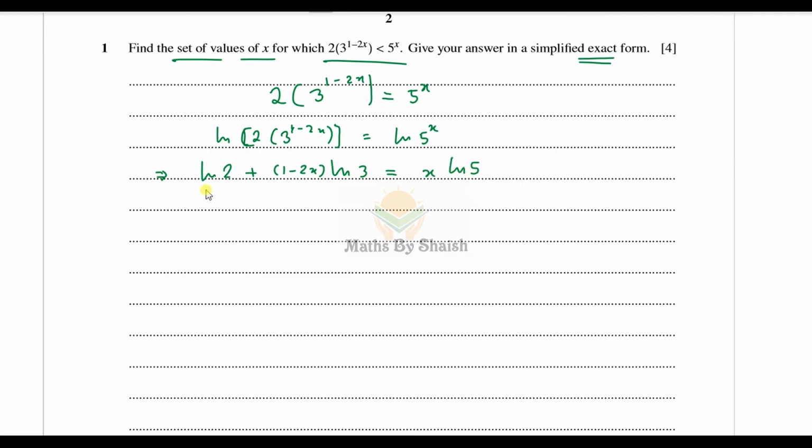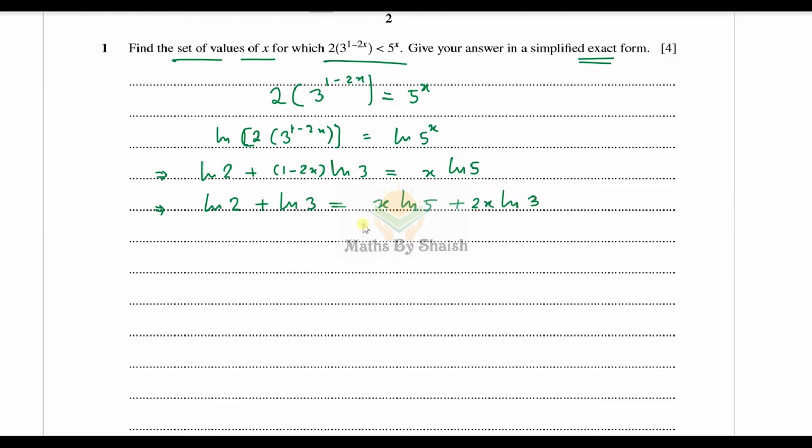So we will simplify, we'll take the like terms to one side. So we'll take ln 2 plus ln 3 is equal to x ln 5, and this is minus 2x ln 3, so on this side it will become plus 2x ln 3.